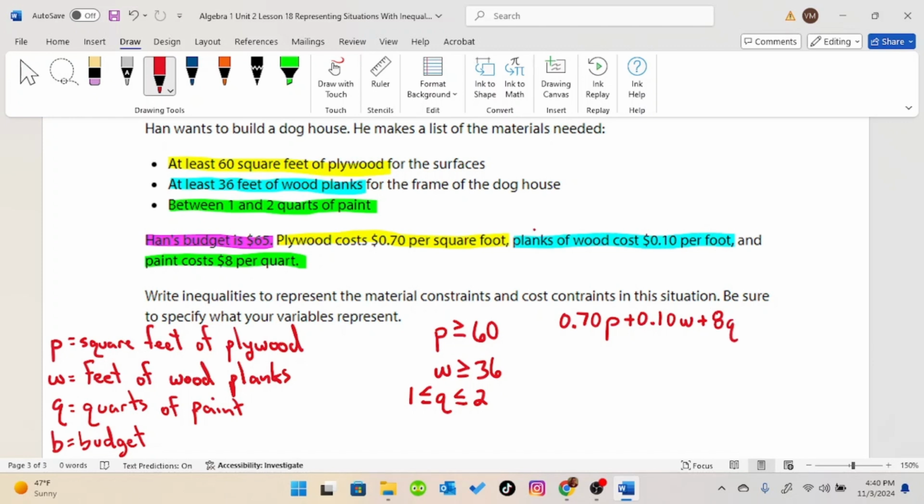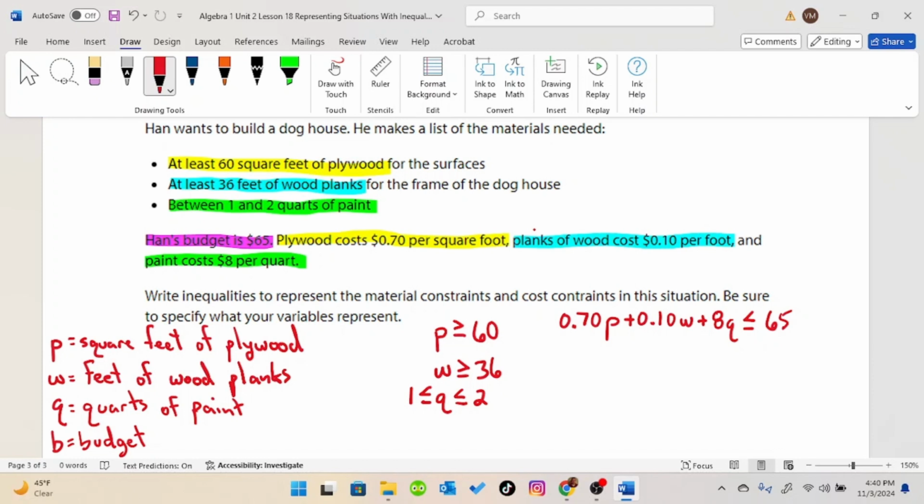And we know that because it is a budget, it could be less than or equal to 65. So altogether, the cost for the plywood, the cost for the wood planks and the cost for the paint could be less than $65, or it could be exactly $65, but it could not be more than $65.